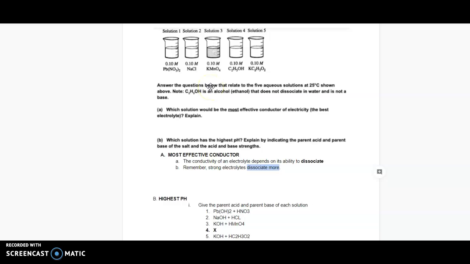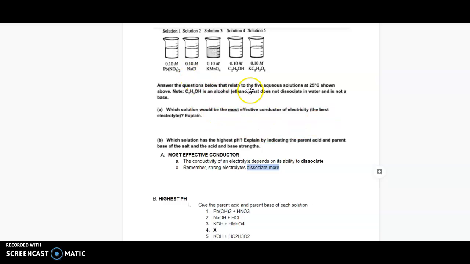From the 6 strong acids you've memorized, you know that HCl is one of them. And you should also have learned that NaCl dissociates completely. So we know that NaCl is actually the most effective conductor.